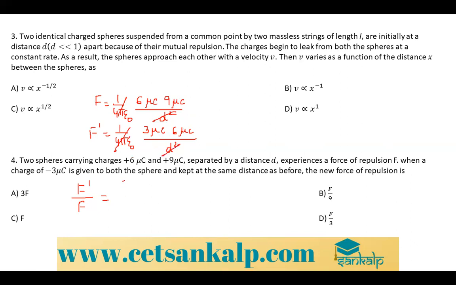Now what's left is 3 into 6 divided by 6 into 9. So 6 and 6 get cancelled, 3 ones are 3, 9s are... So F dash is equal to 1 by 3 F. So it is F by 3, option D. Understood?